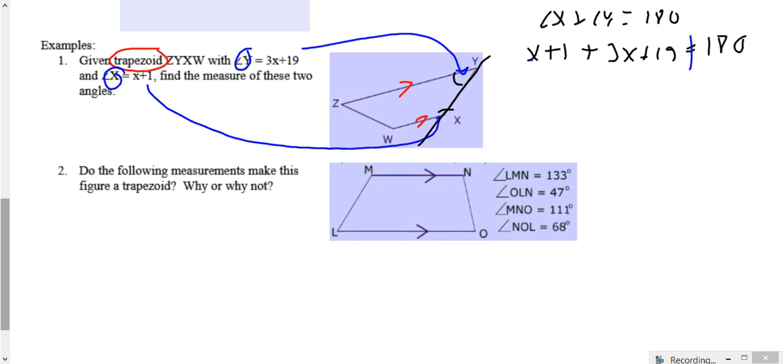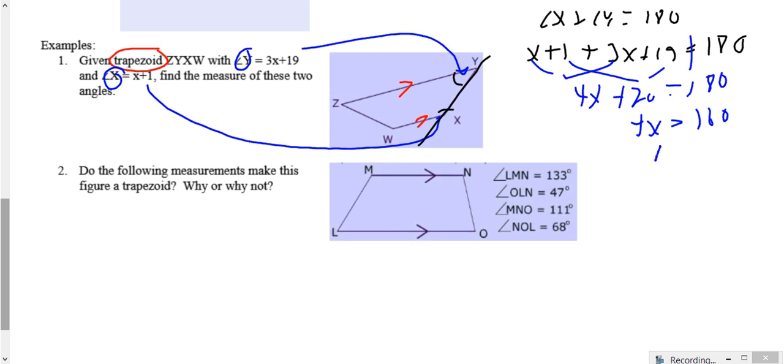These are on the same side of the equation, so like terms is 4x. These two are like terms, so plus 20 equals 180. So 4x equals, take away 20 from both sides, and we get 160, and divide then by 4, and we get 40.